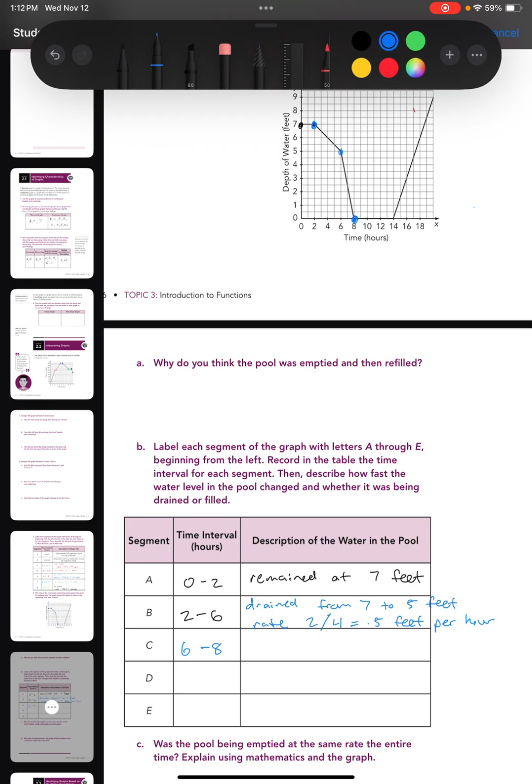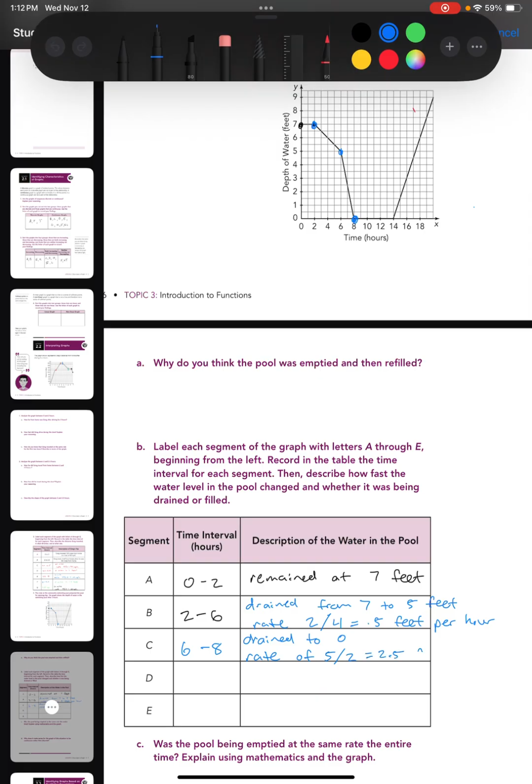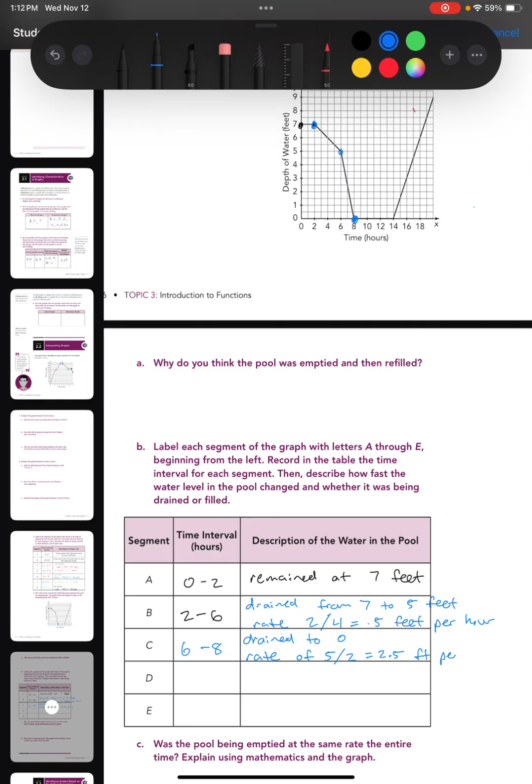So it drained to 0 feet, or you could say empty. So we went from 5 to 0 in 2 hours. So a rate of 5 feet in 2 hours comes out to be 2.5 feet per hour it drained.